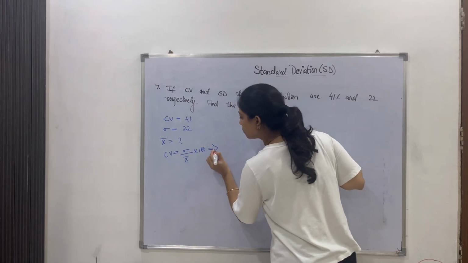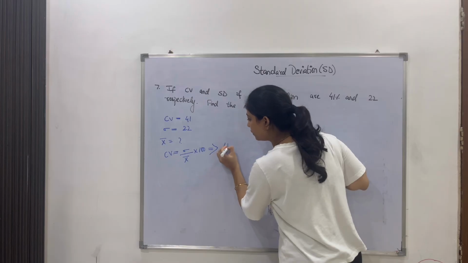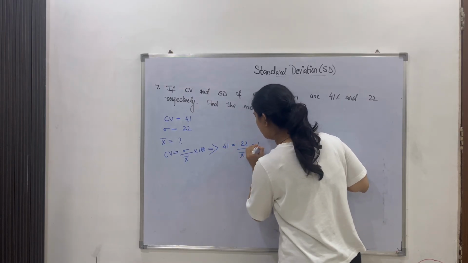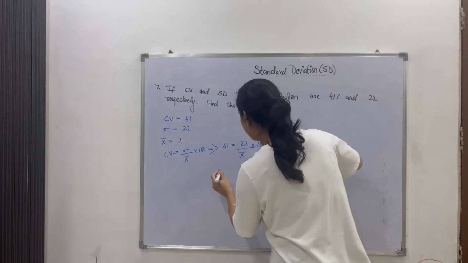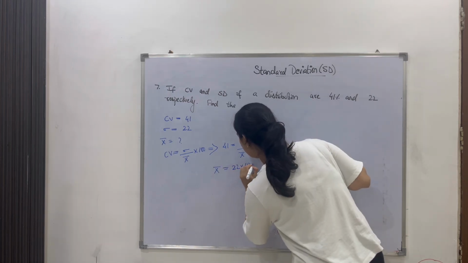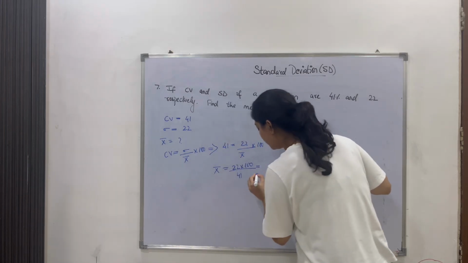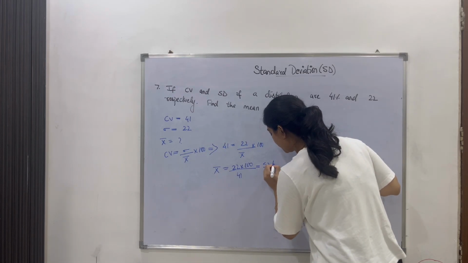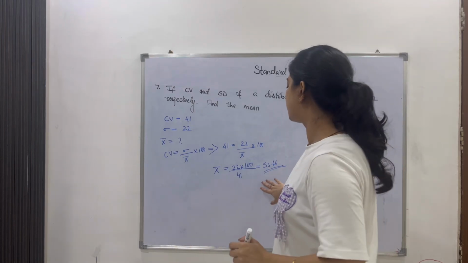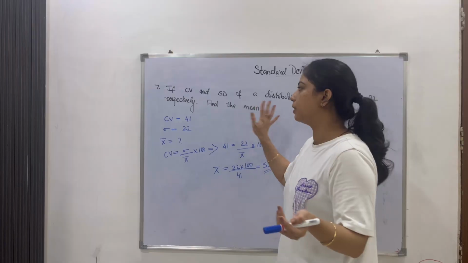So let's substitute that. CV is 41 is equal to 22 by mean into 100. Now from here x bar is 22 into 100 upon 41, and the value is 53.66. Okay, so this is how you get the mean in this particular case.